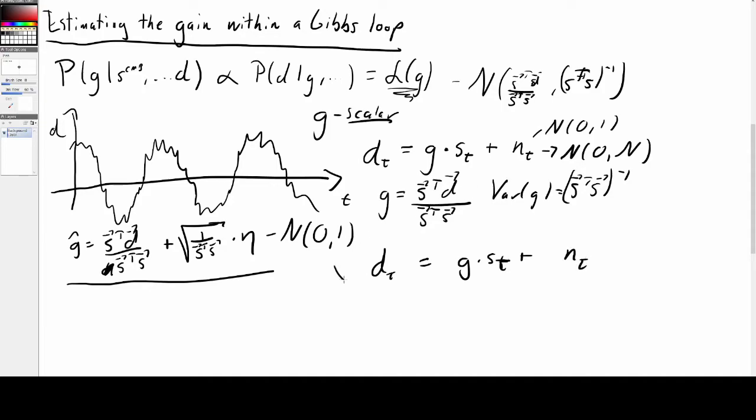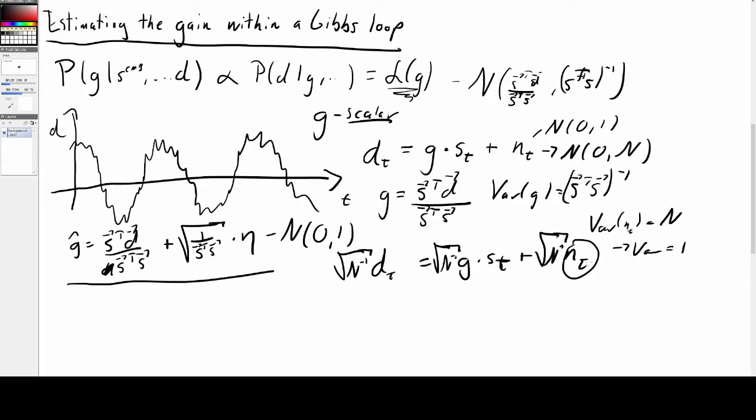If we now multiply this by the square root of the inverse of this matrix, this noise term ends up having a variance of 1.